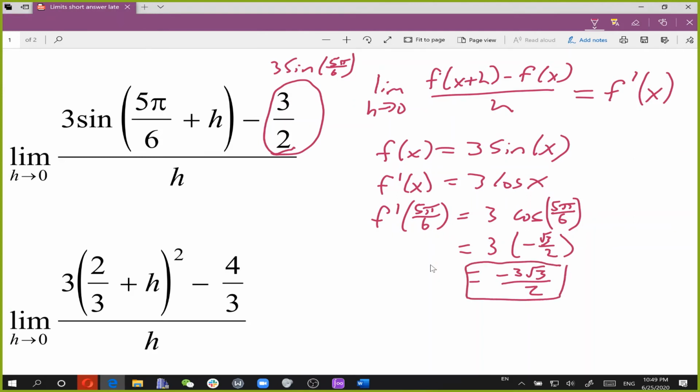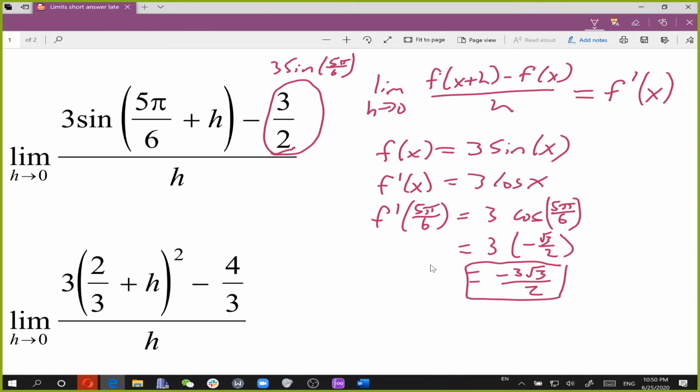If you don't like that, you could use L'Hospital's rule to solve this instead. If I plug in 0, you'll get 3 sine 5π/6, which, since our right term is also 3 sine 5π/6, is the same thing minus the same thing, 0 over 0, which means I should be able to derive this and get the same answer.